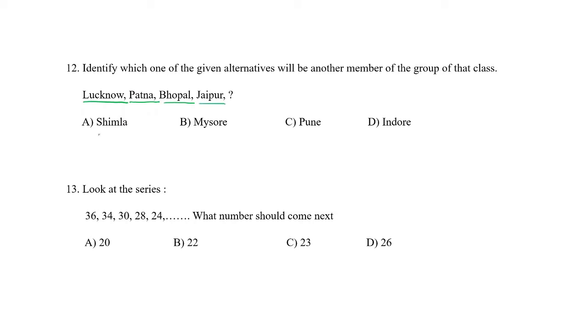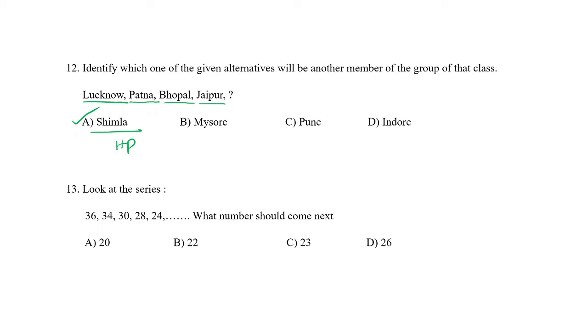See the first option, Simla, it is the capital of what? Himachal Pradesh. So the answer is option A. No need to check the remaining options. If you observe the remaining options, Mysore, Pune, Indore, all these are cities.